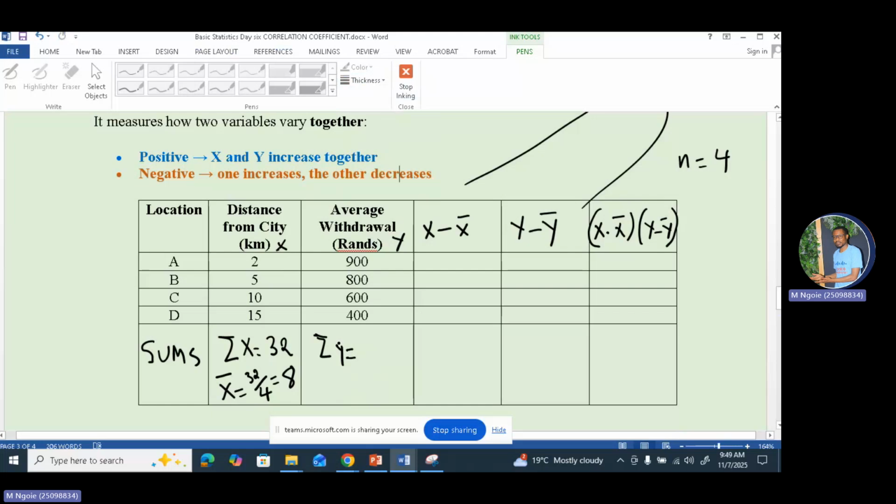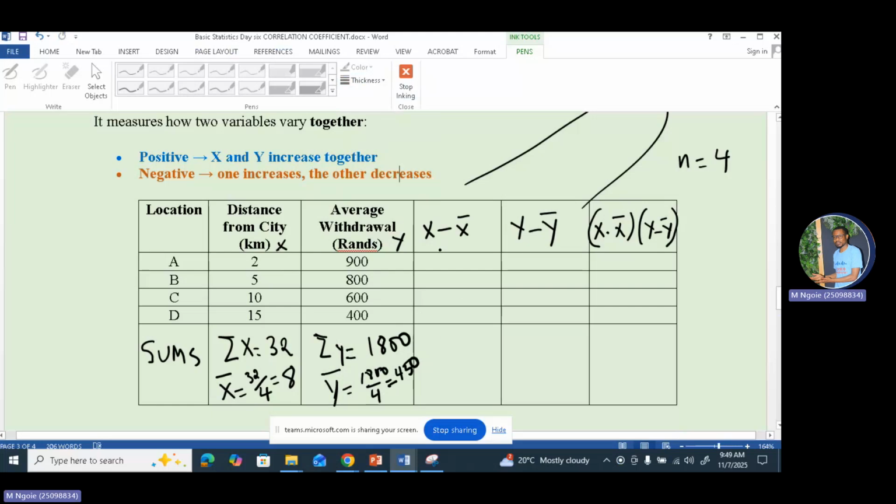Plus 1000, that's gonna be 1.8 divided by 4, so your average here, your mean, that's gonna be 450.